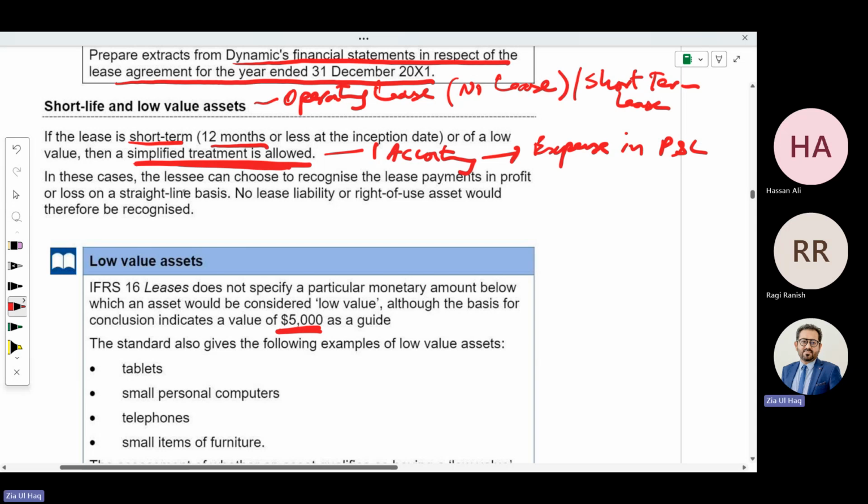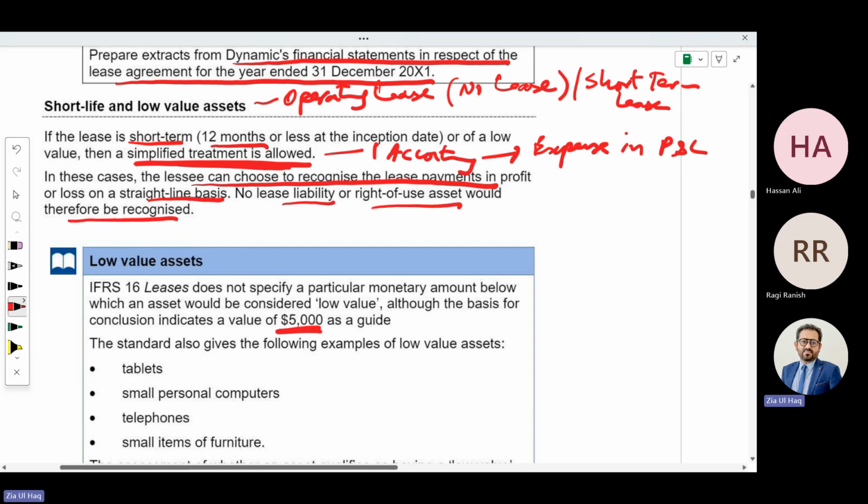In these cases, the lessee can choose to recognize the lease payment in profit or loss on a straight line basis, meaning the same expense every year. No lease liability or right of use asset would therefore be recognized.